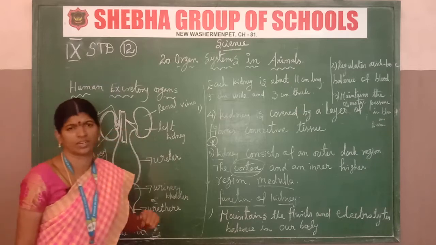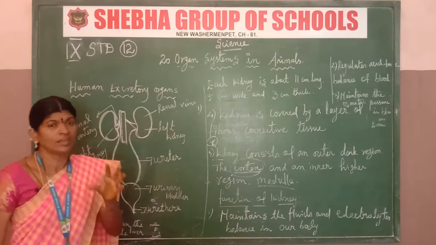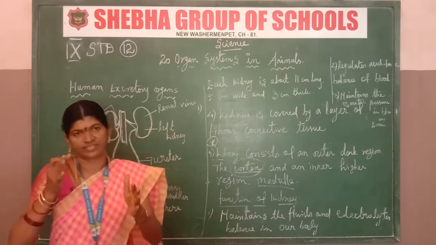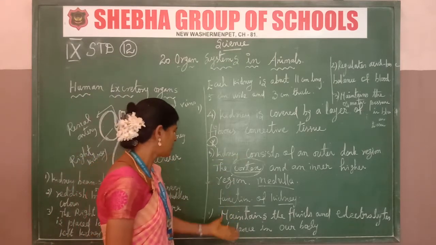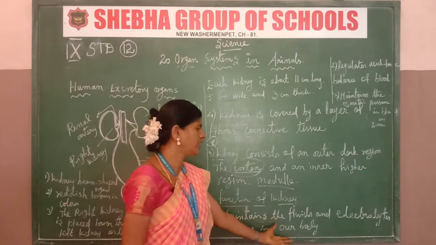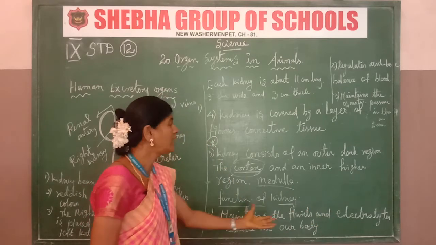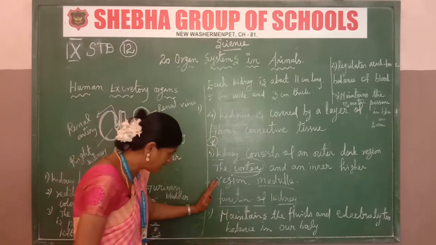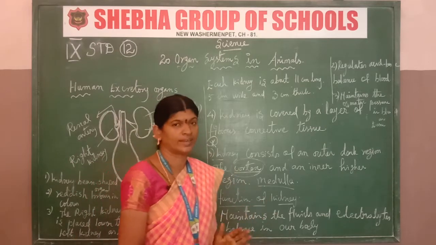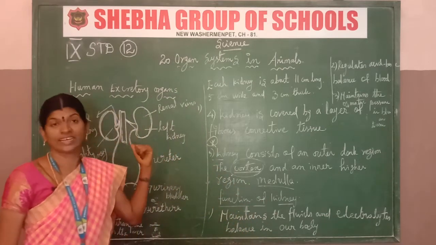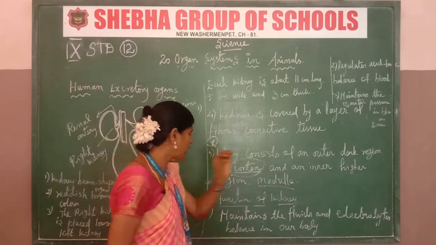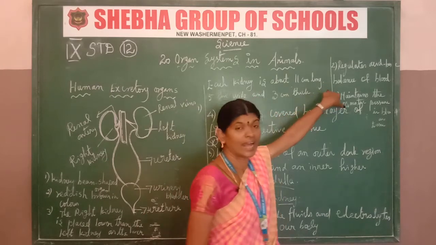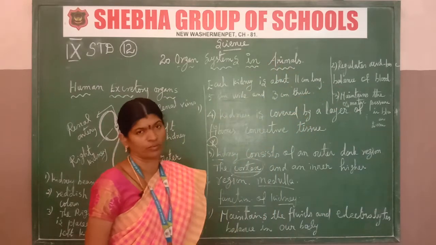So what is the function? The kidney is the excretory organ for waste. Toxic substances are excreted from our body. First, it maintains the fluid and electrolyte balance in our body. Second, it regulates the acid-base balance of the blood.